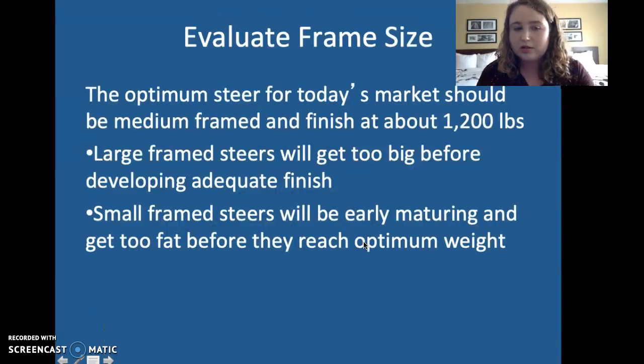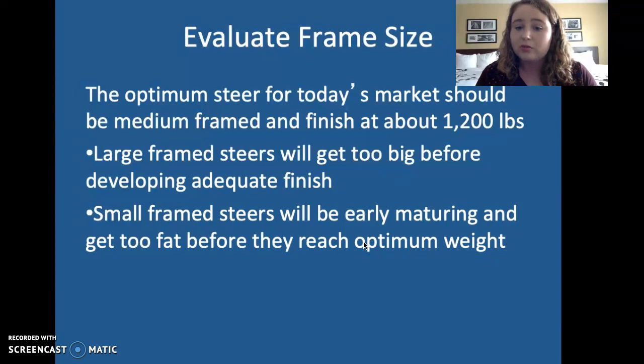Okay, and frame size. So the optimum steer in today's market should be medium framed and finish at about 1,200 pounds. So large frame steers will get too big before developing adequate fat or finish, and small frame steers will be really early maturing, so they'll get too fat before their optimum weight.